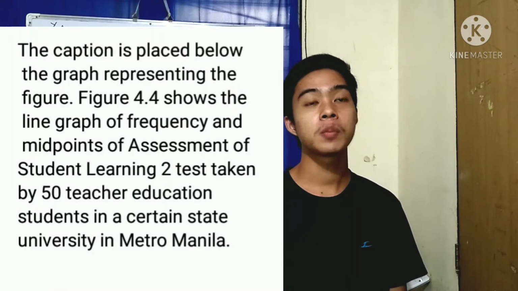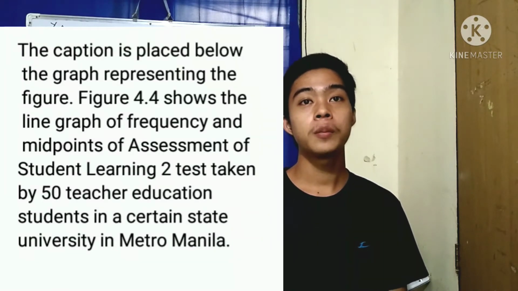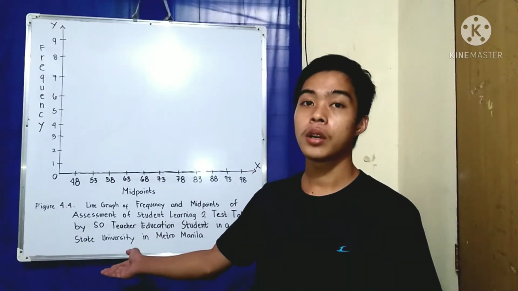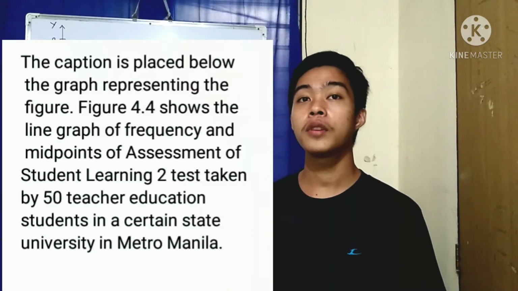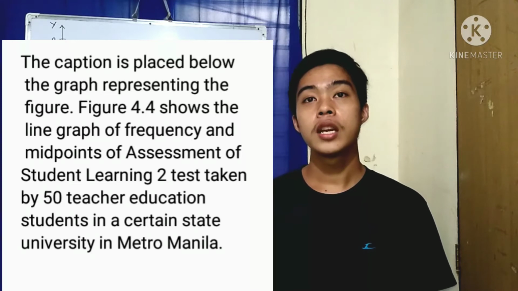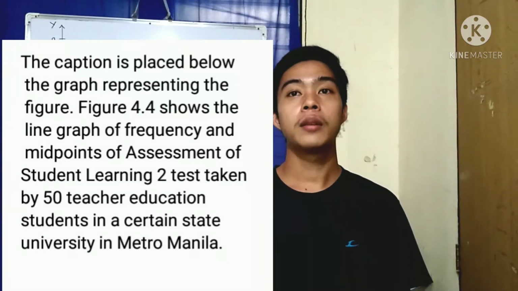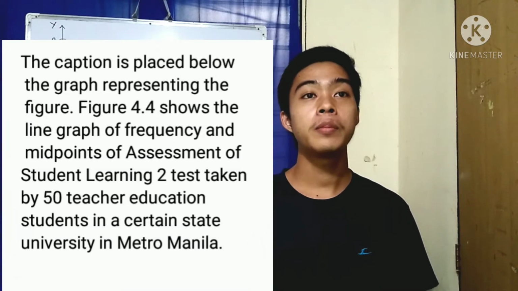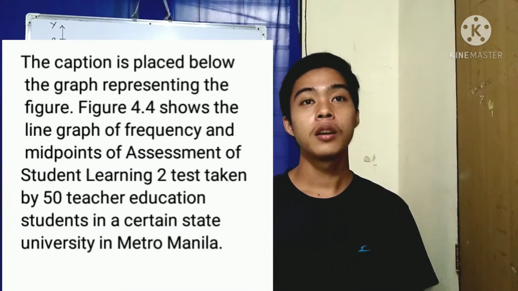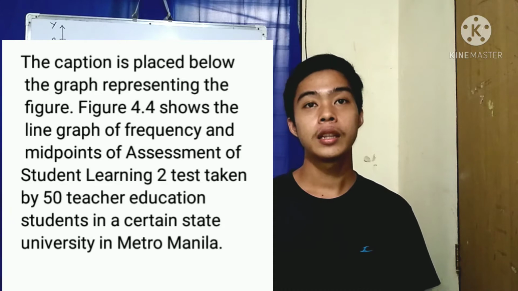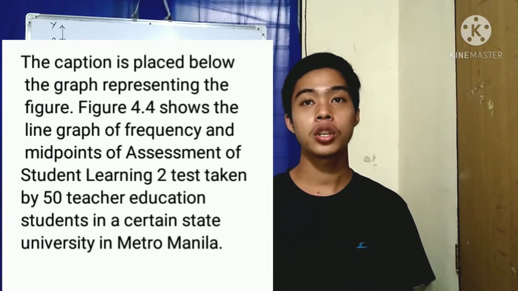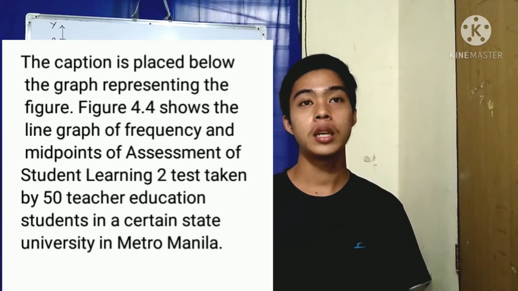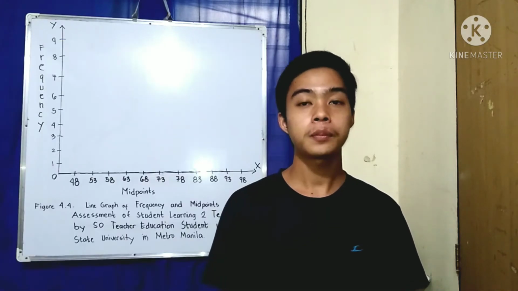The caption is placed below the graph representing the figure. So this is our caption: Figure 4.4 shows the line graph of frequency and midpoints of assessment of student learning 2 test taken by 50 teacher education students in a certain state university in Metro Manila.